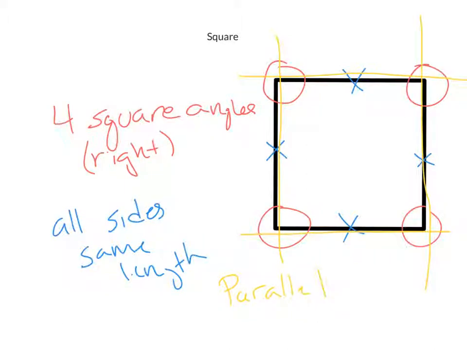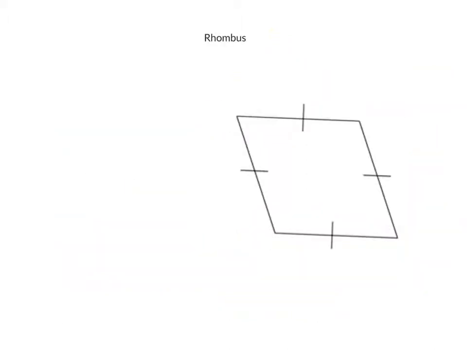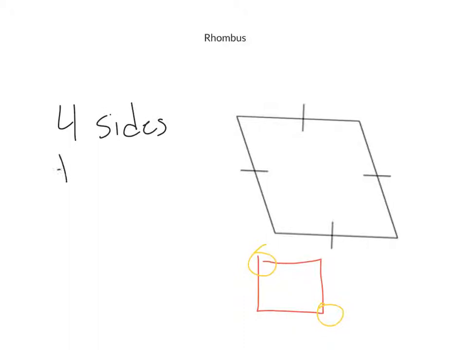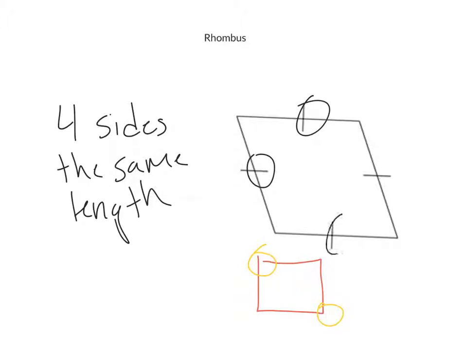Now, a rhombus, which is our next one, is an interesting shape. It's like we've taken a square and pulled on this corner and this corner and just kind of moved it a little bit, because a rhombus does have four sides the same length, just like a square. So the top, the bottom, the left, and the right are all the same length, but it does not have four square angles.